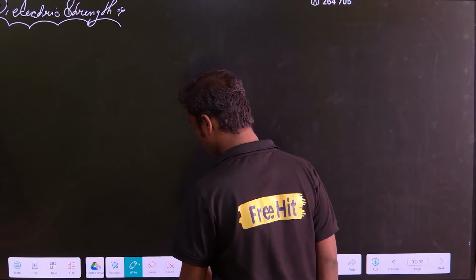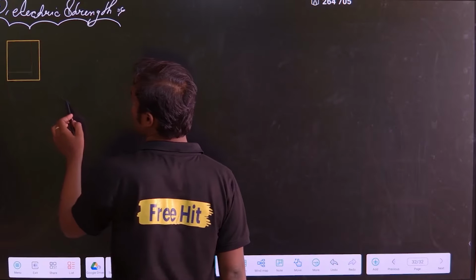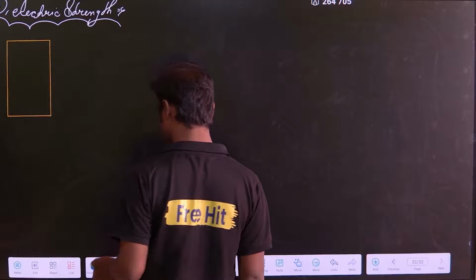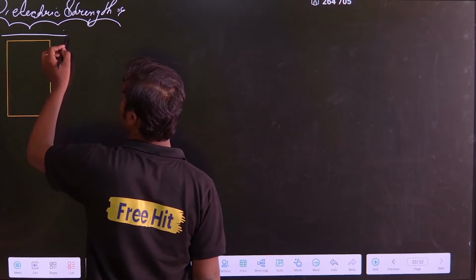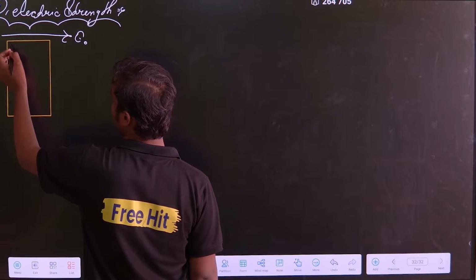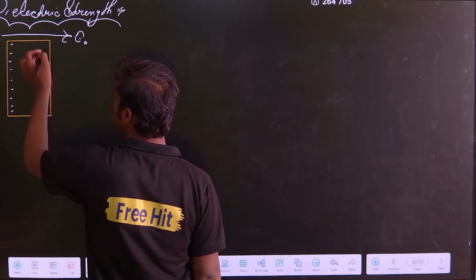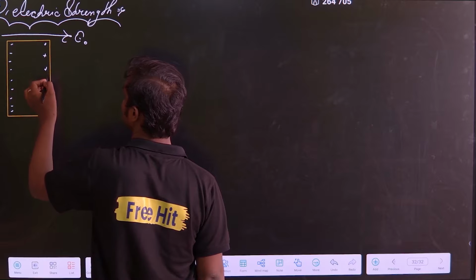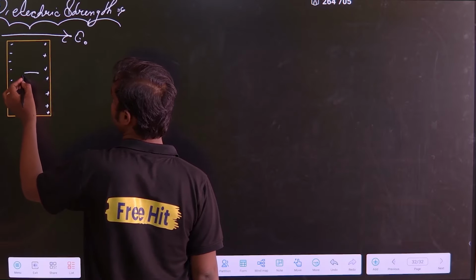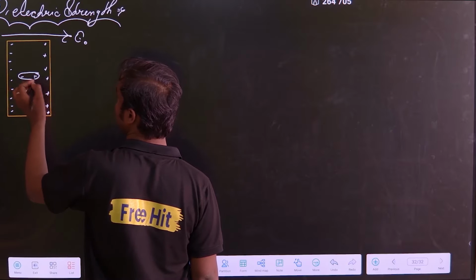See, suppose we have a dielectric like this, and we have applied an external electric field E naught, correct? What we have learned is that the charge will be induced on this surface. If you see, it will have some dipoles: this will be negative charge and this will be positive charge.